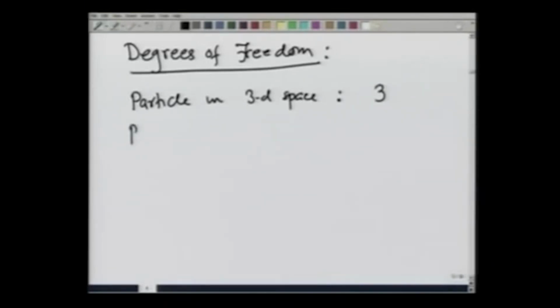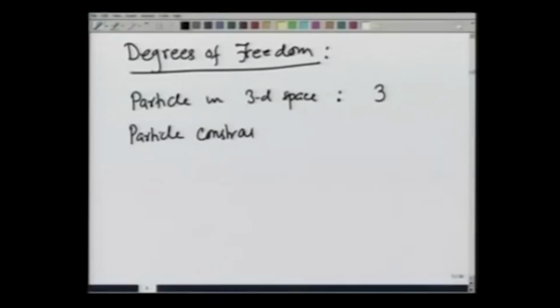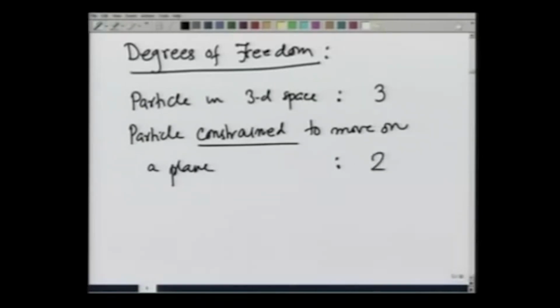If I take a particle constrained to move only on a plane, and I'll make this definition of constraint clearer a little later, then the degrees of freedom are 2.